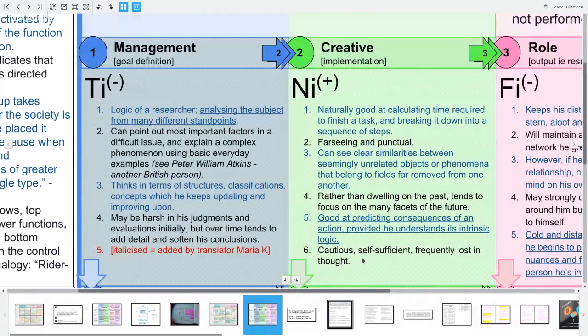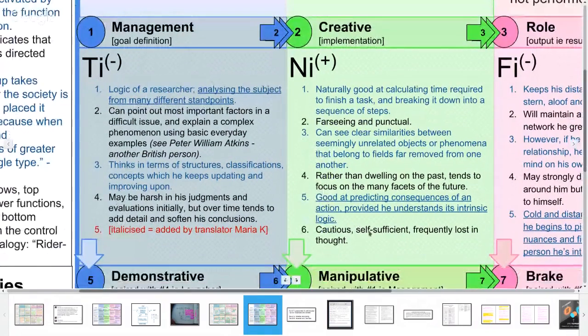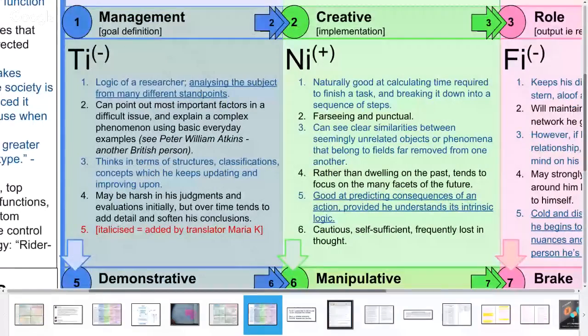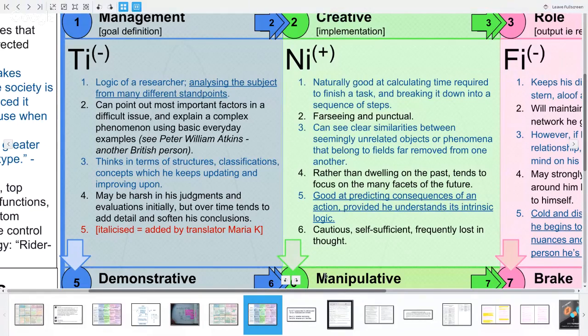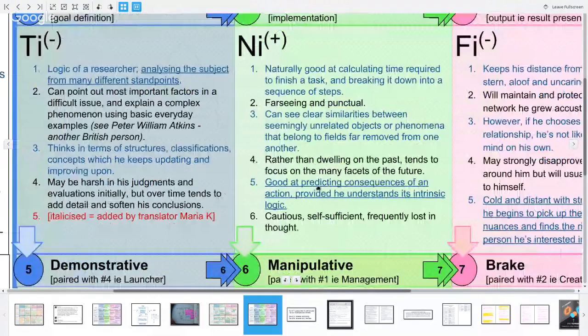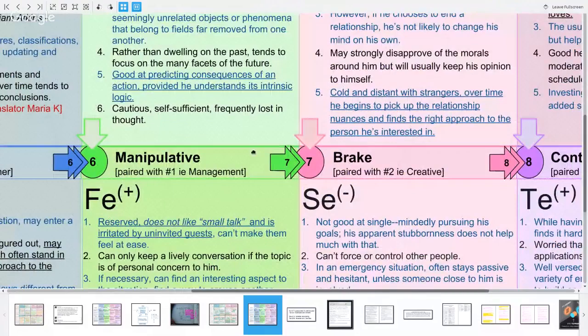Now, what I'm going to say, because this is important, is I'm going to quickly flip ahead and say, because the TiNx, the INTP, the L.I.I. can see the cause and effect, that puts a brake on extroverted sensor.